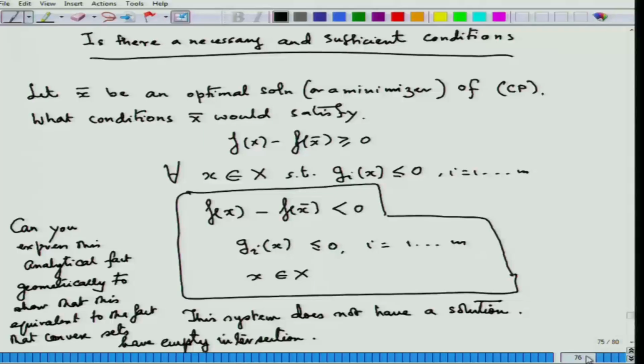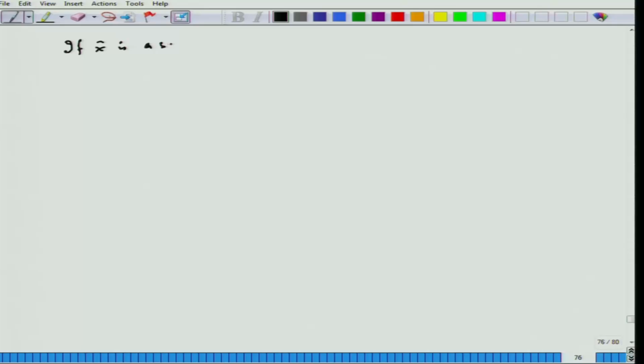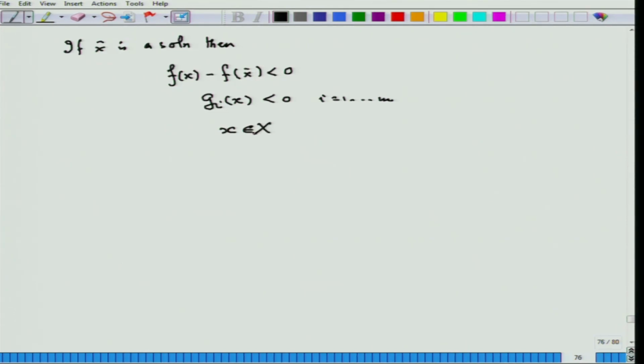What I want to look into further is this: if x bar is a solution, then this system has a solution.